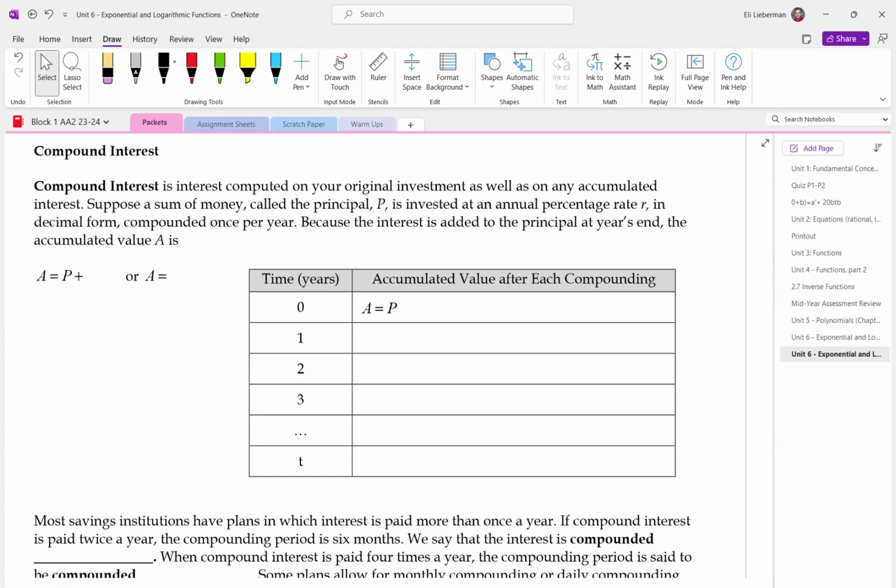Like it's interest that's going to go up. It's like, put something in.